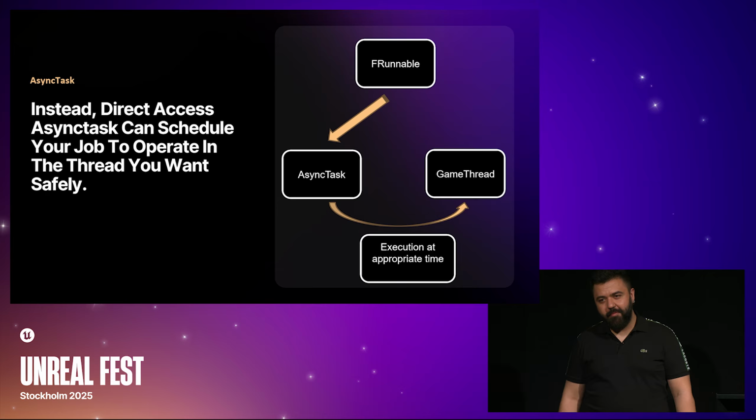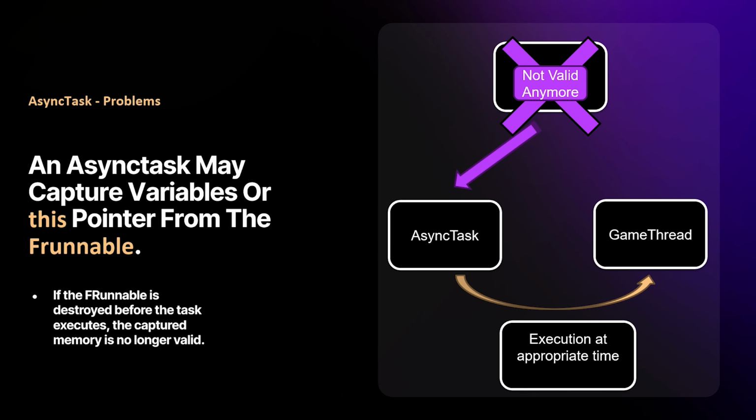There is also a problem while using F-runnable and AsyncTask. AsyncTask can capture variables or even the this pointer. If the F-runnable is destroyed before the AsyncTask is executed, you will try to access memory which is no longer valid. So this is also a situation where you will face crashes or a bunch of null pointer problems.